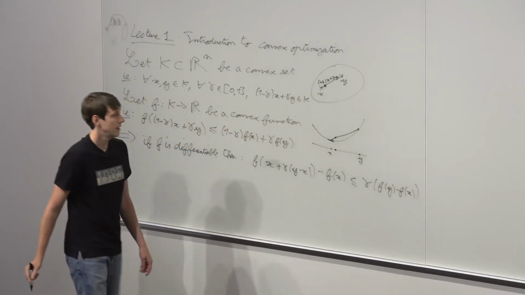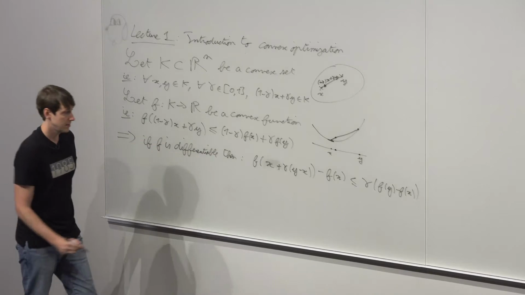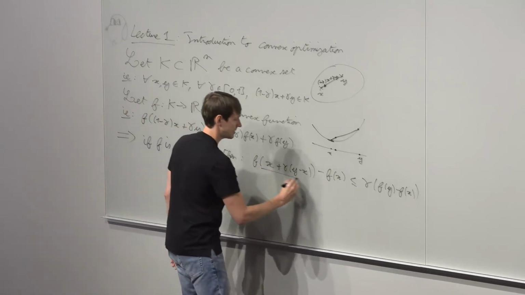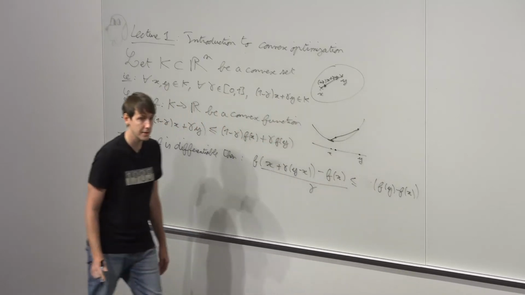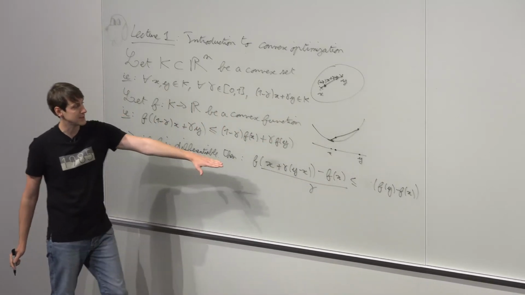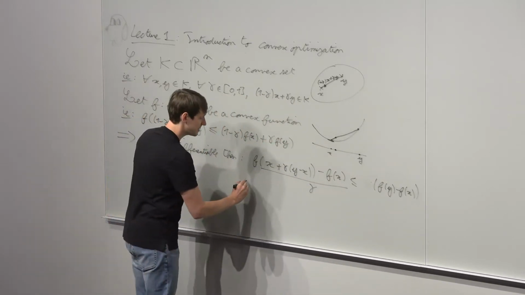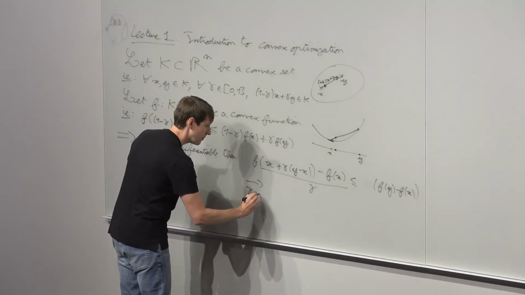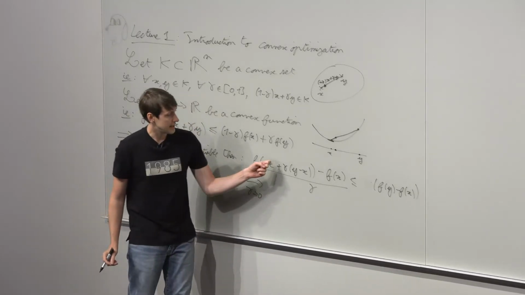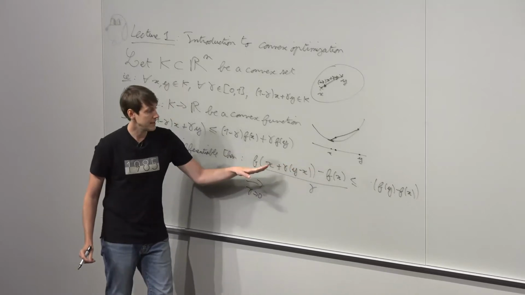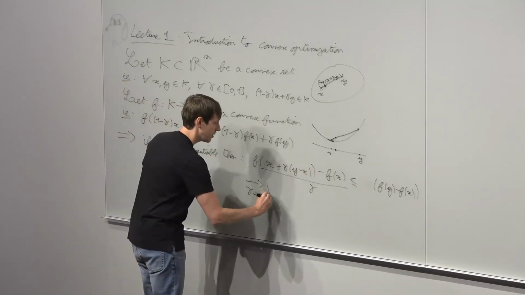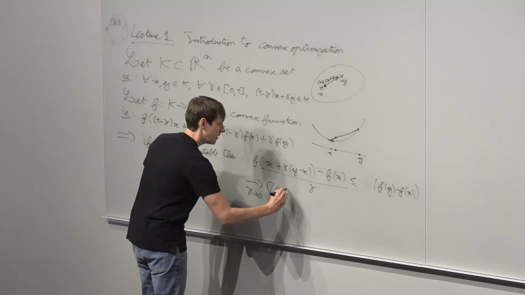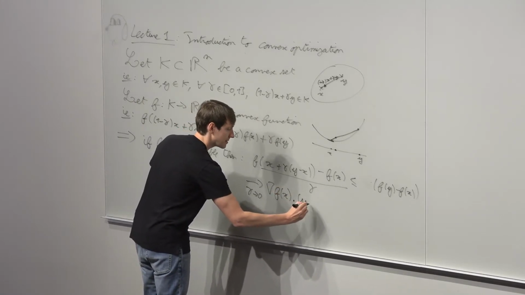When I normalize, I get this divided by gamma, so I can remove the gamma on this side. So I get f of y minus f of x is bigger than this thing. And what does this tend to when gamma tends to 0? This exactly tends to the derivative of f in the direction y minus x, which is exactly grad f of x inner product with y minus x.